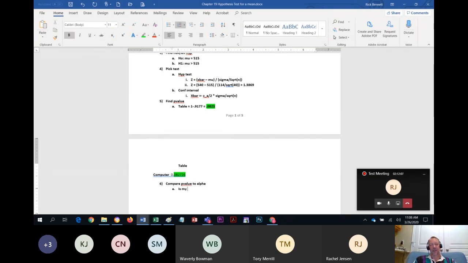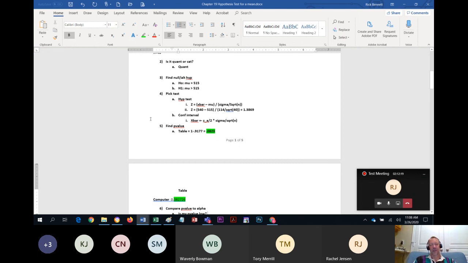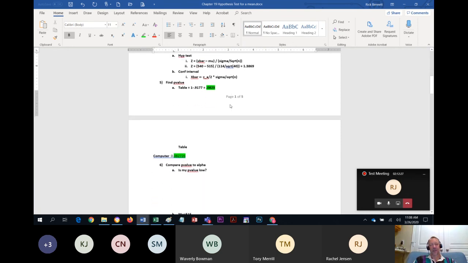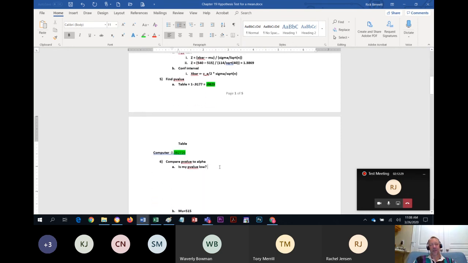Is my p-value low? What do you guys think? My alpha, it's hard to see because I'm off the page here, my alpha is 0.05. Is my p-value lower than my alpha? It is not lower than your alpha. So no.